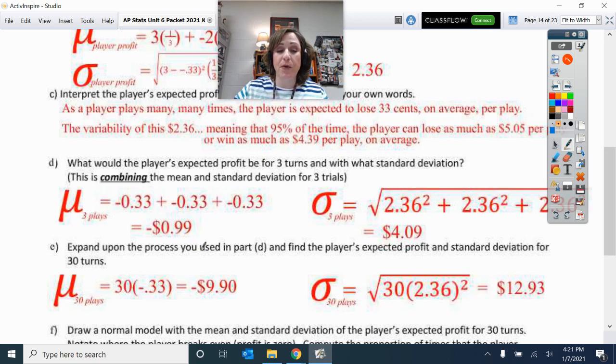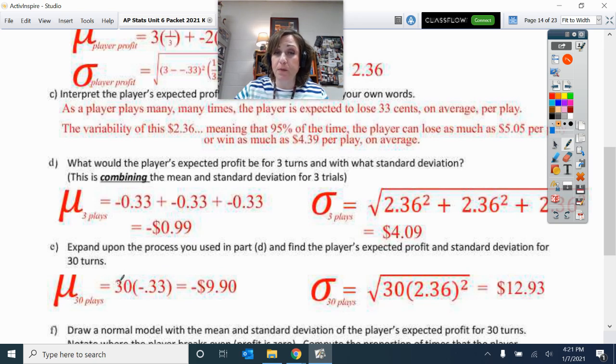So let's expand upon this process in part D and see what that would look like. I'm already kind of thinking through this. Easily, I knew I had 3 of the negative 0.33s. So if I did 30 different turns, then I have 30 of the negative 0.33s.